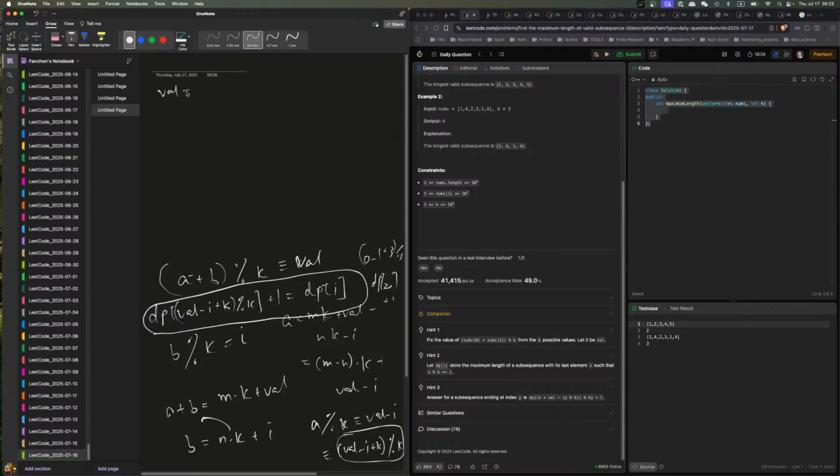Let's say val is equal to 0. Okay, val is equal to 0. Then the first variable is the first 2, right? The first variable, so which is ending right here with val is equal to 0. Actually, they don't exist, right? They don't exist because 1, 4, they don't exist.